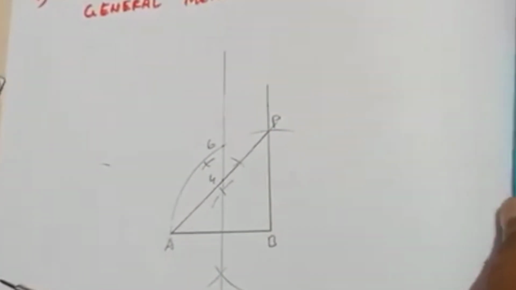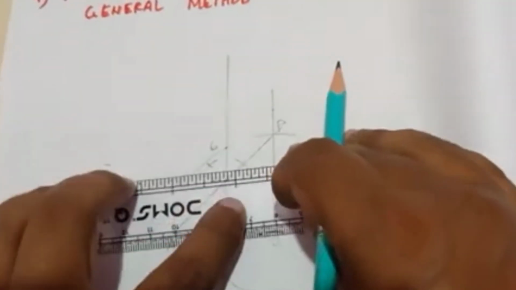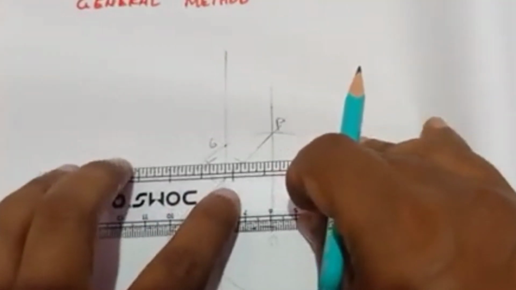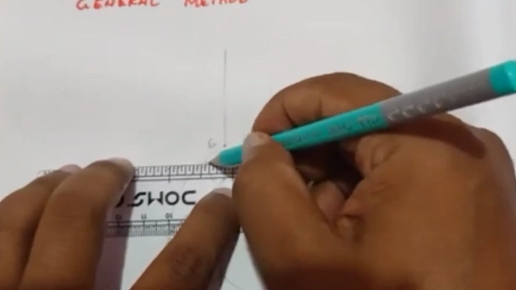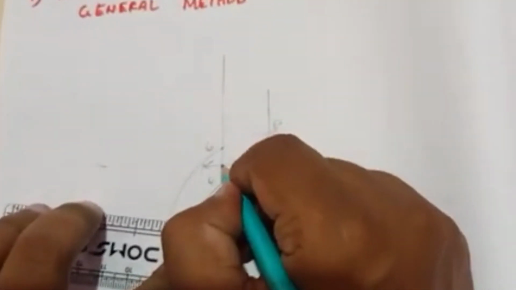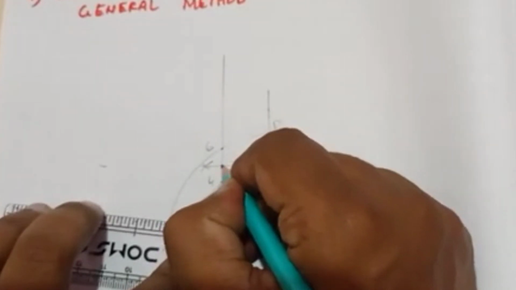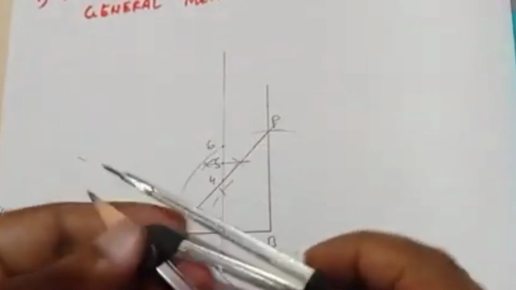You need to be careful here because it is a very small length. Here we need to connect these 2 points. So this point is 5.